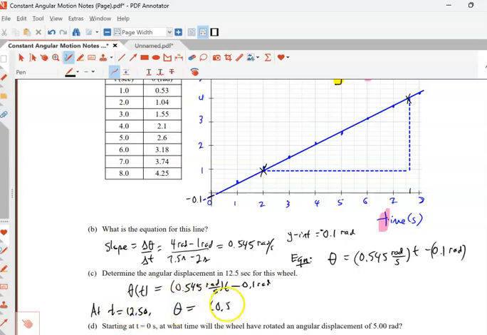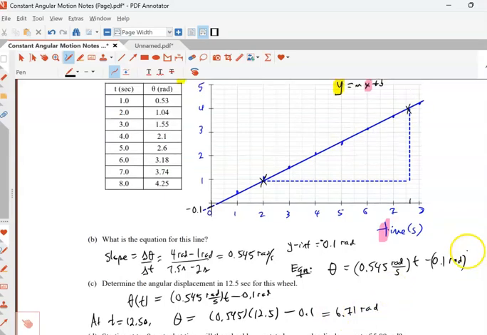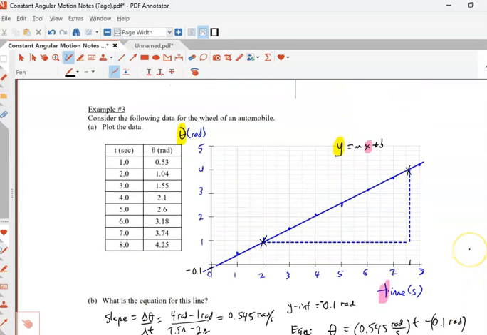You get 0.545 multiplied by 12.5 minus 0.1. And that gives you a value of around 6.71 rads.